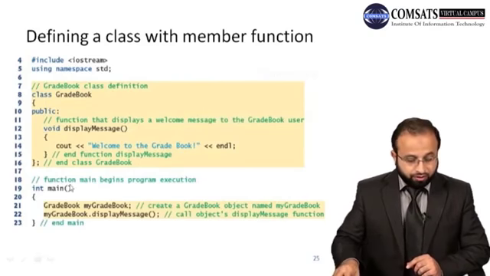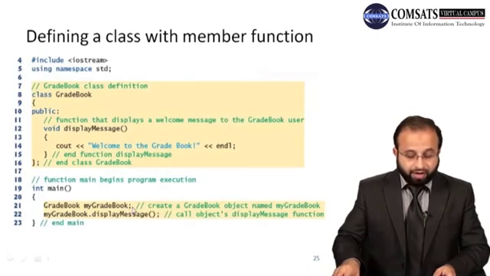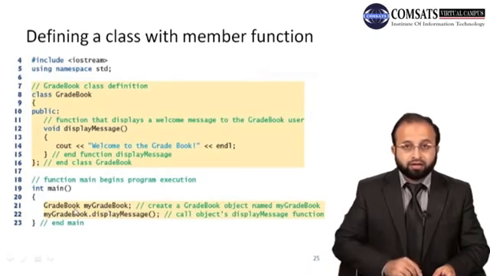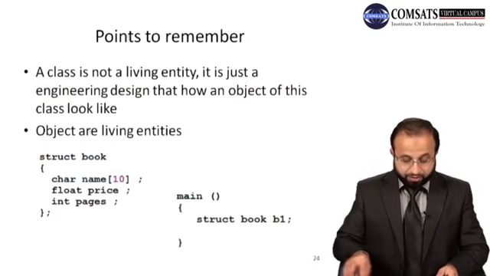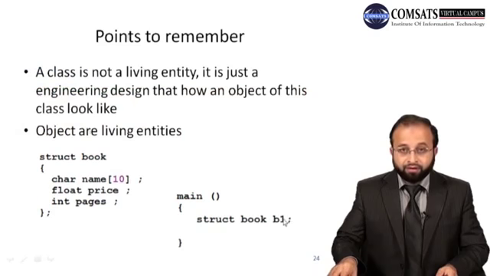So now you can see that here you can create an object within the main function. You write GradBook space myGradBook. Now myGradBook is basically an object of the GradBook class. So this is the same as when you create a variable b1 whose type is struct book.